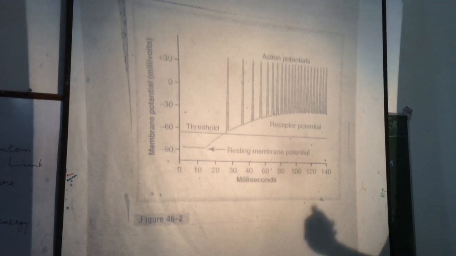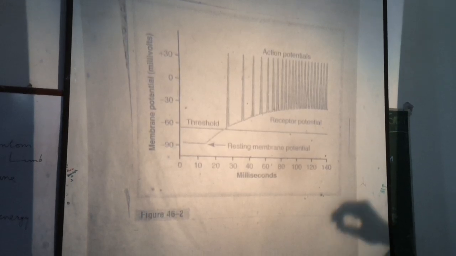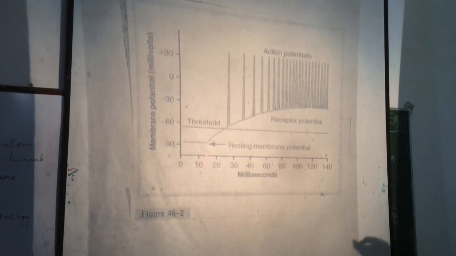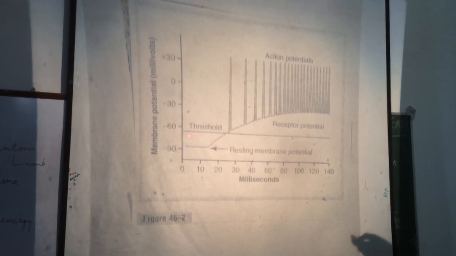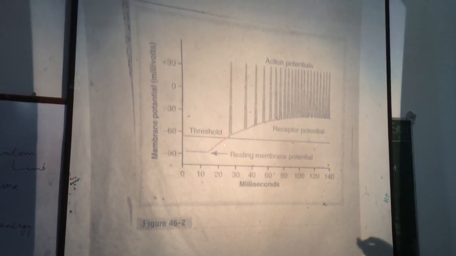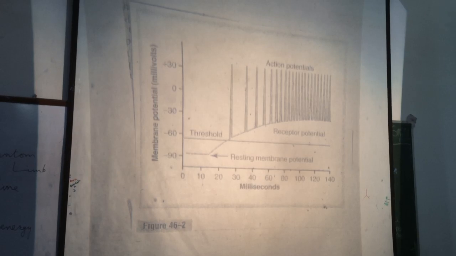When there is activation of sodium channels, there is sodium influx. With sodium influx, the inside of the membrane becomes less negative to reach the threshold of excitation. And this is the receptor potential or the generator potential.